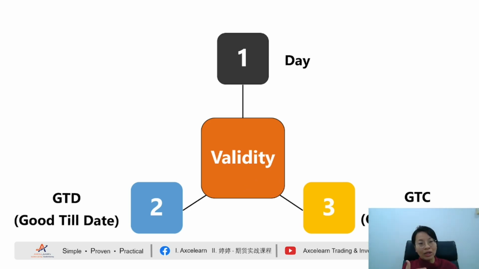Now let me inform you in what circumstances you must use a GTD or GTC order. Commonly, if you're putting a stop order, I always encourage all my graduates and our students to use a GTD or GTC order. Because if you have a position, these stop orders must be there forever, so long as you have this position.